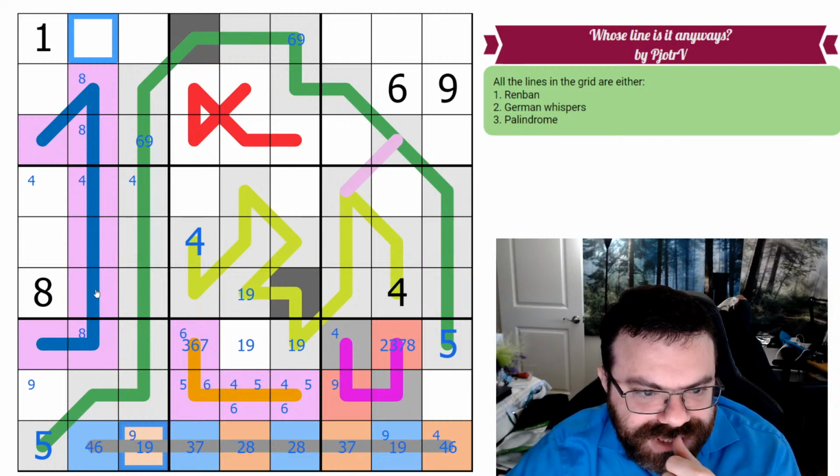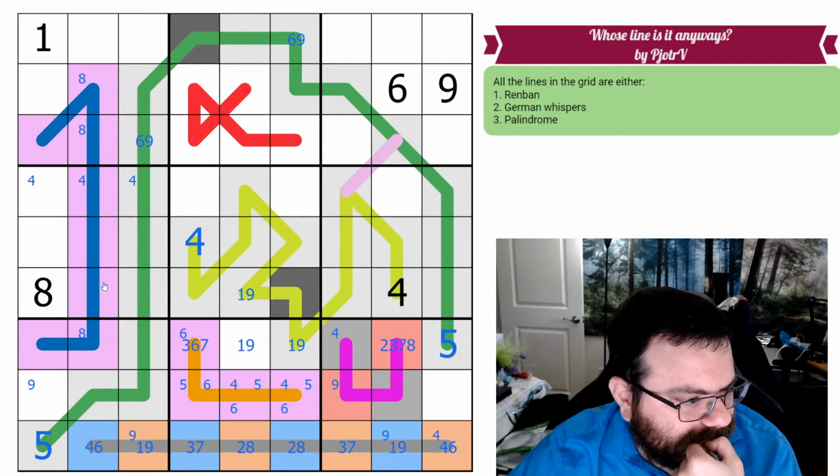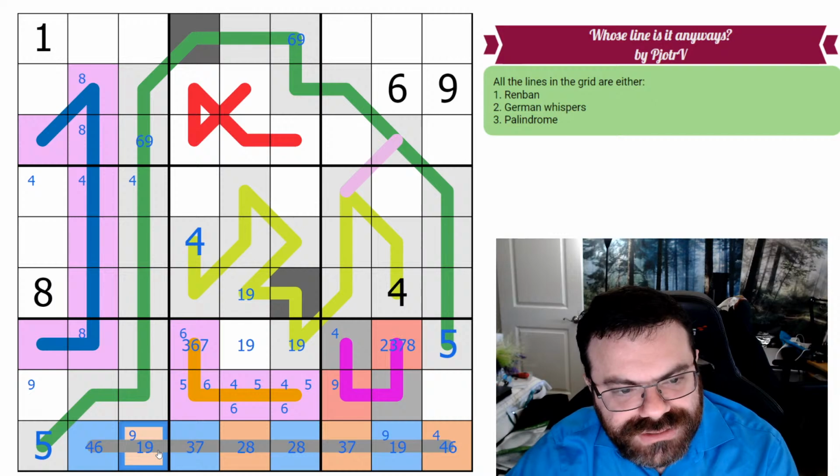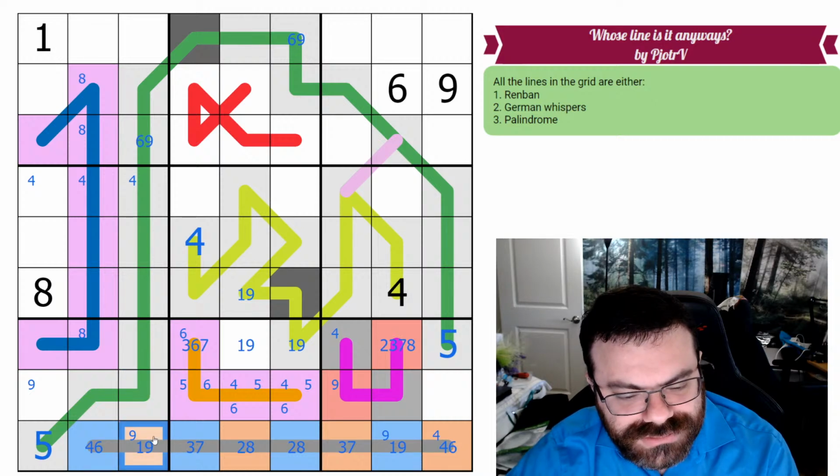What makes you think the Renban's missing the 1? If this were 9, hold on. If this were 1, am I confusing myself?